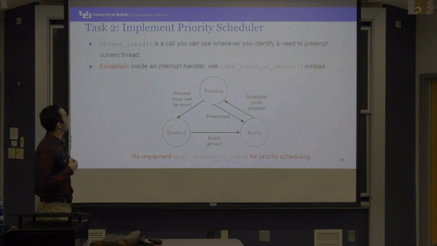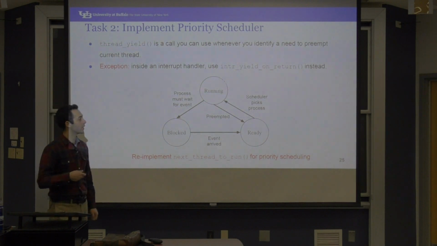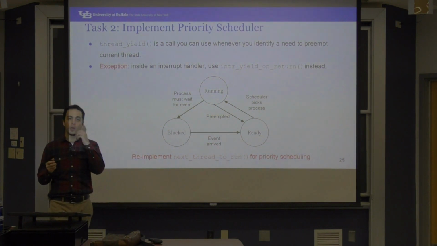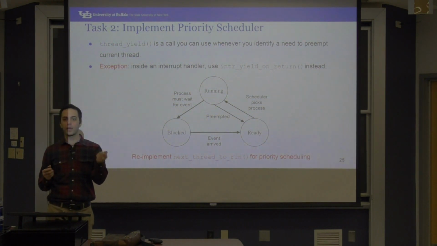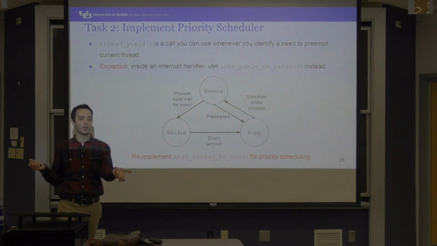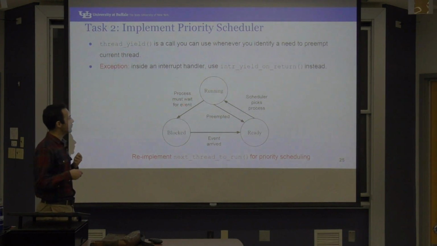So this is the diagram for this. From running to blocked and ready, these are the states of your thread. When a thread is running and it calls a wait, for example, it wants to acquire a lock and that lock is not available, the thread does not do anything until that lock is released, right? So it should go and get blocked and wait for that event.